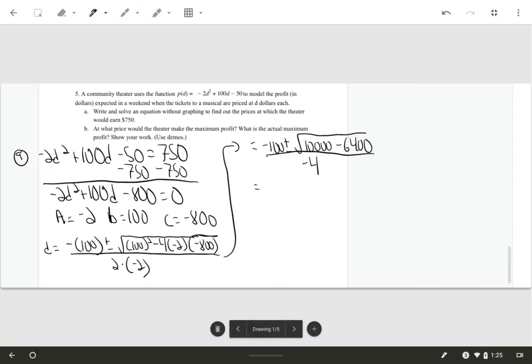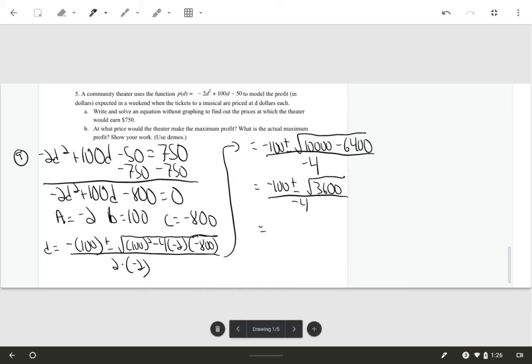So that will give me negative 100 plus and minus the square root of 10,000 minus 6,400, so that will be plus and minus the square root of 3,600 divided by negative 4.